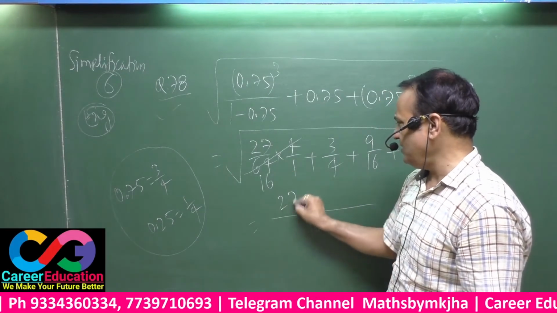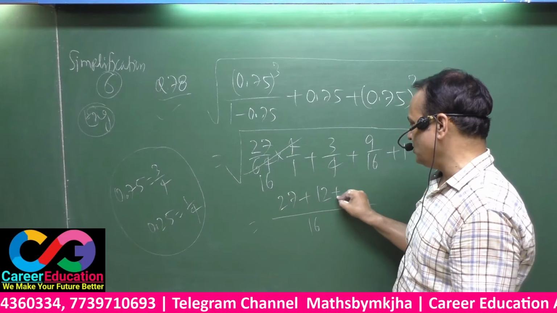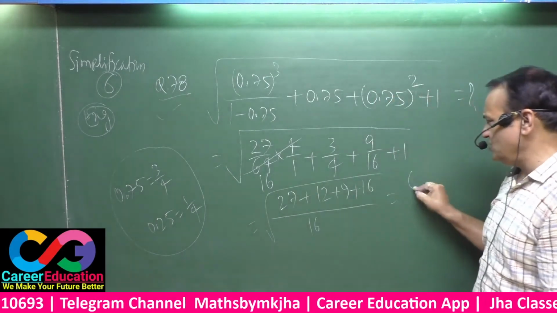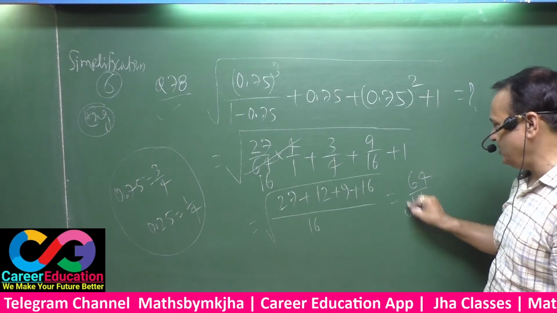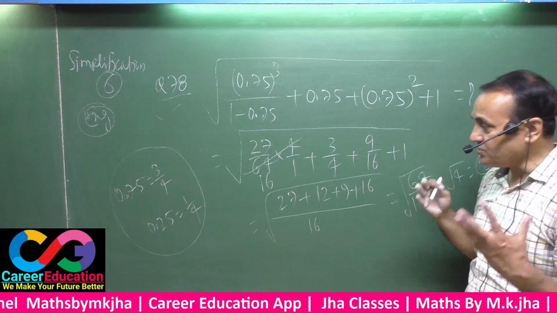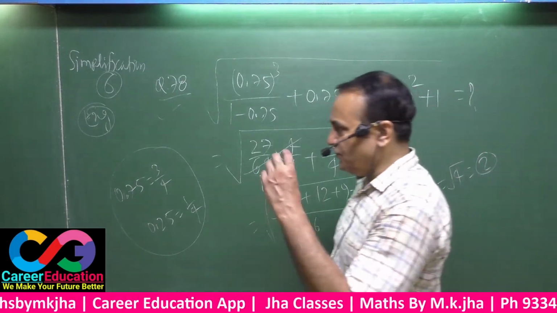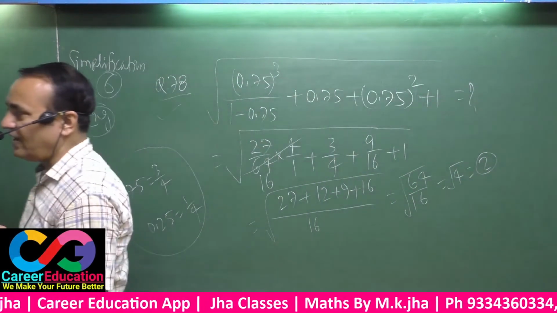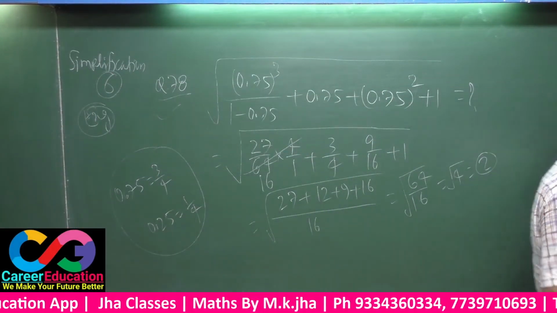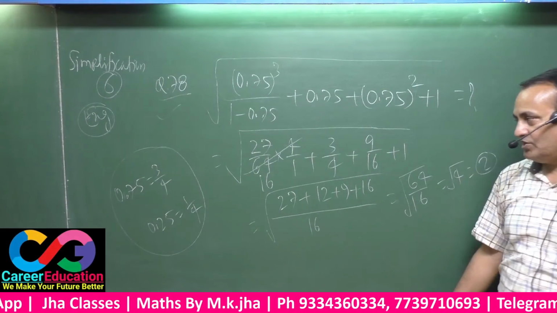That means this will be 27, this will be 12, this will be 9, this will be 16. Now this is 64, this is 16, that means this is under root 4, and you got the answer, that is 2 only. That means if you put 0.75 equals 3 by 4, 0.25 equals 1 by 4, certainly calculation is very easy now.